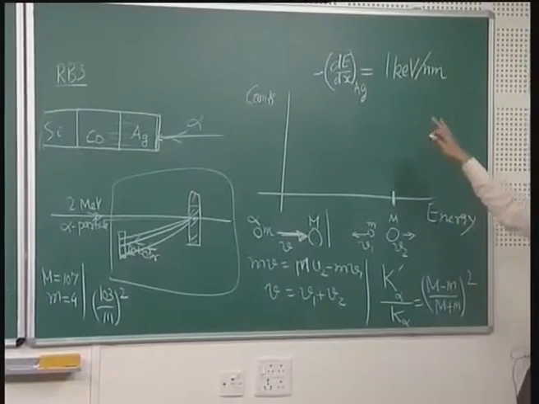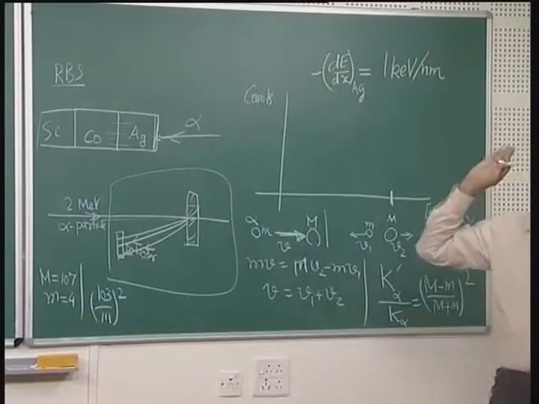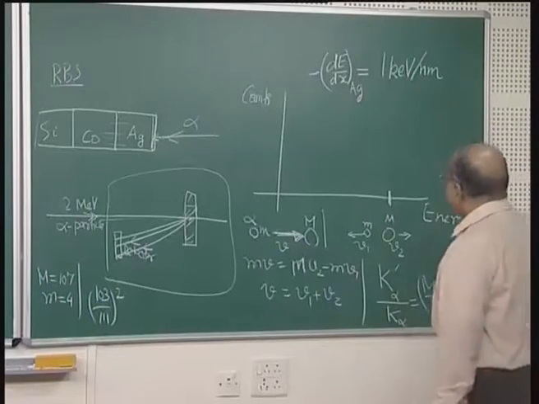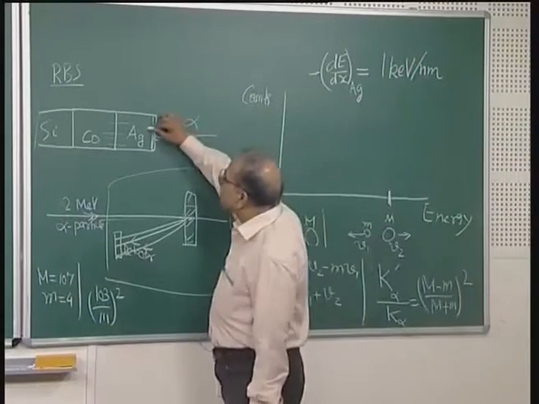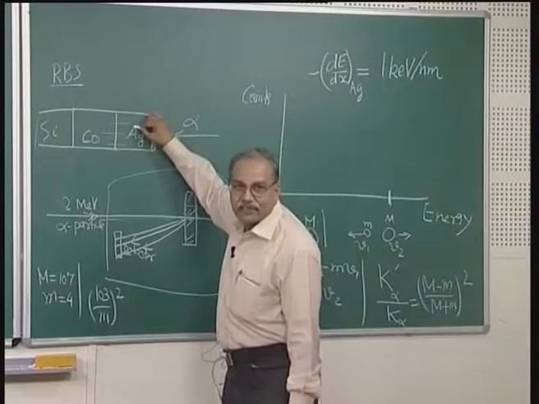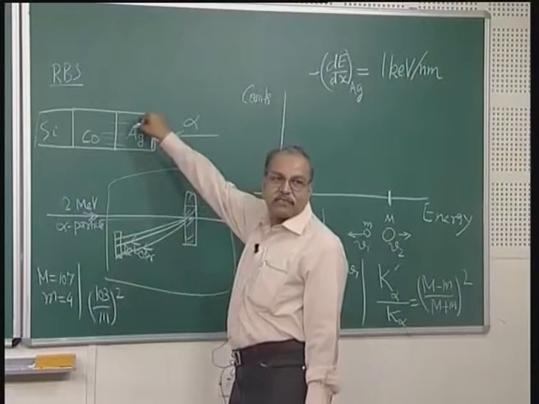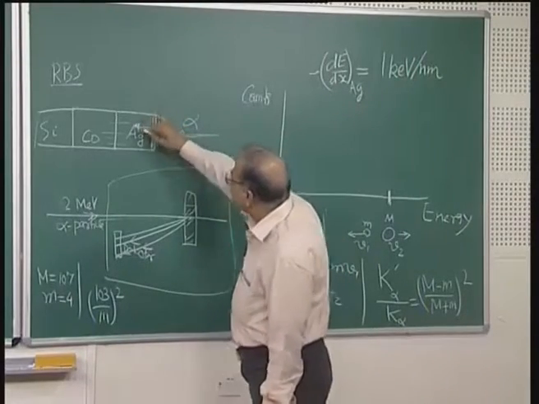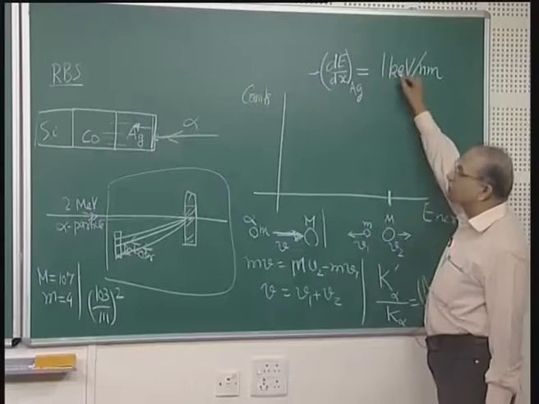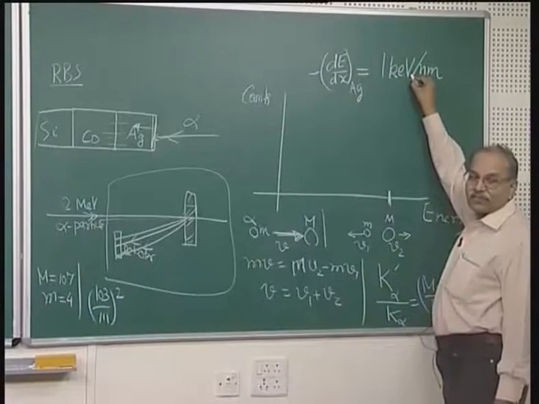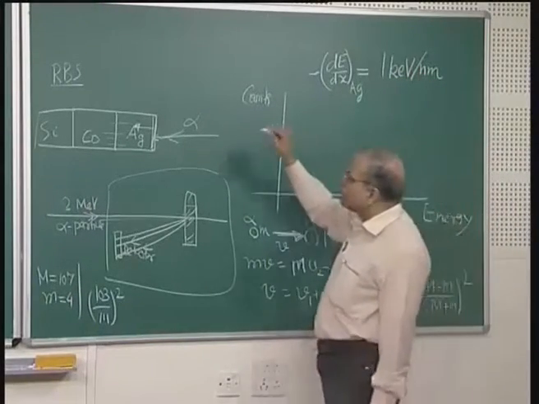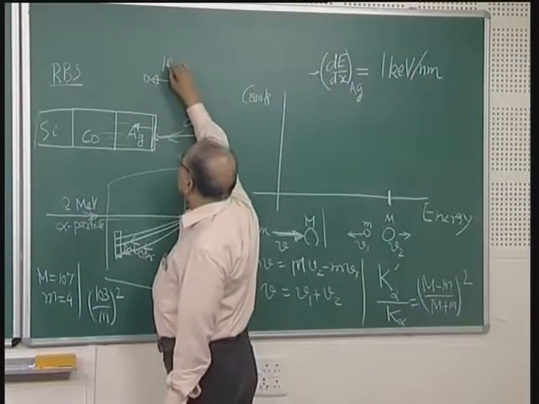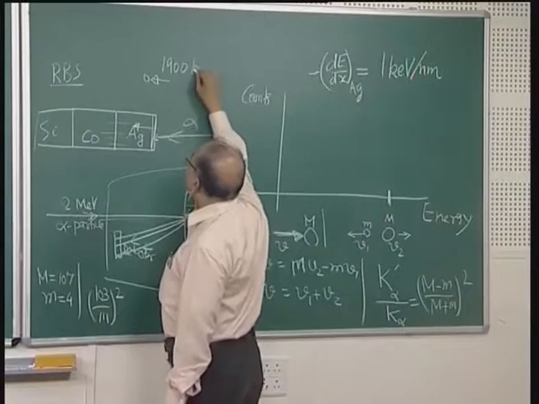So, all this dE dx stopping power, these are all well tabulated for different elements. Then if it goes say 100 nanometer inside and then encounters a nuclear interaction, then in 100 nanometers it has lost 100 keV. So, when it makes this encounter with the silver, the incident energy is 1900 keV.